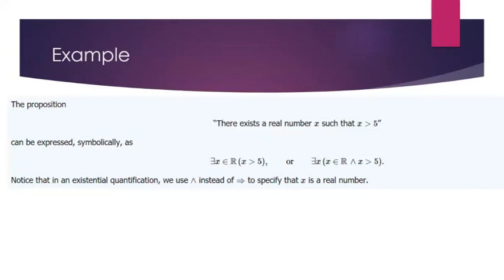Now, there exists a real number x. So, pwedeng ganito. There exists x. No? There exists a real number daw. So, element of a real number such that x is greater than 5. So, pwede din ganito. So, there exists x where x is an element of a real number and x is greater than 5.